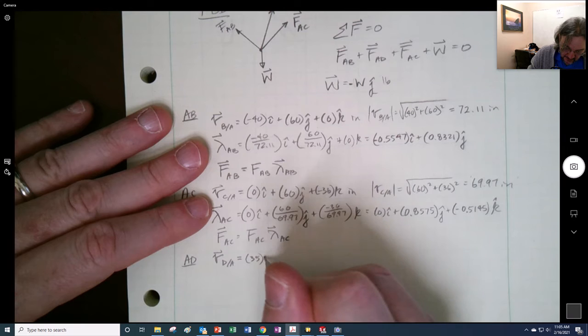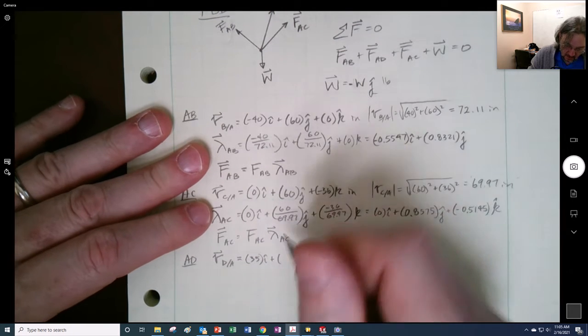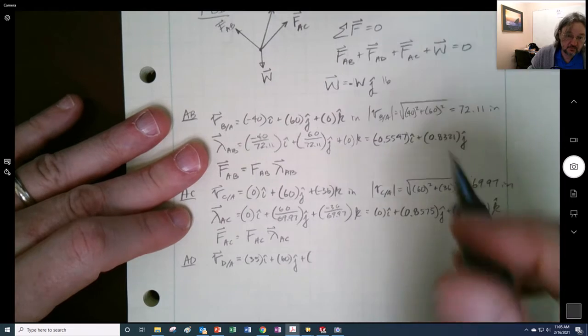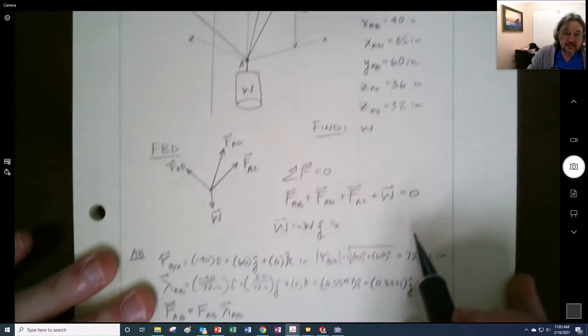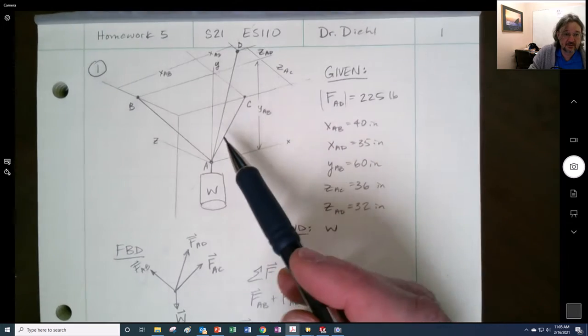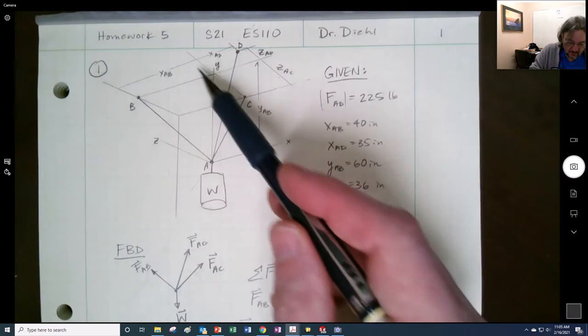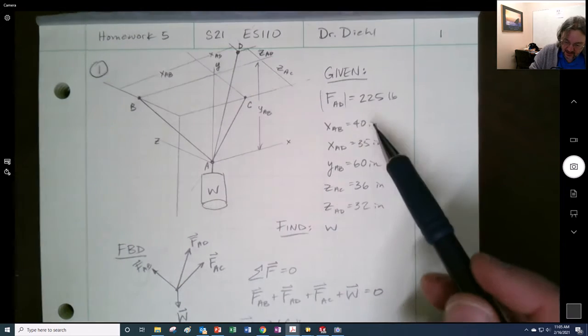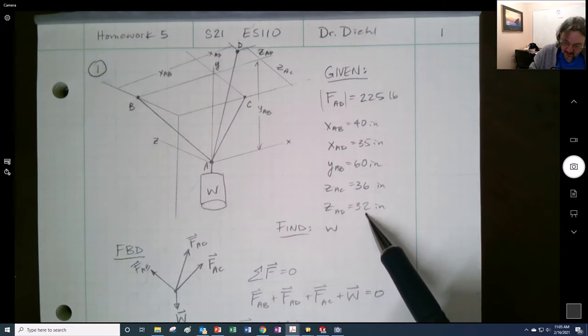I didn't draw it to scale. Y is still 60. And in the Z up here, looks like it's positive, right? So it's going that a ways in the Z. It's going by ZAD 32.